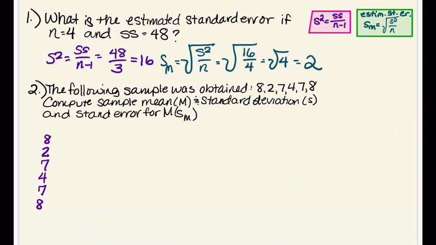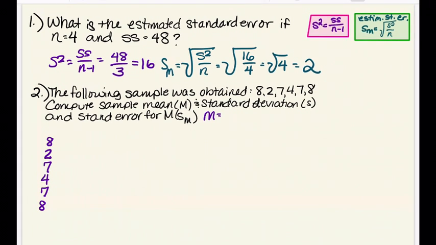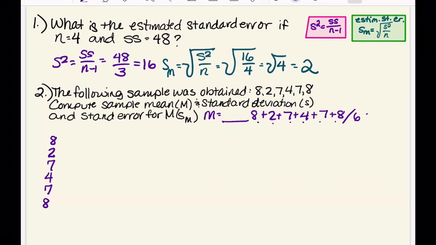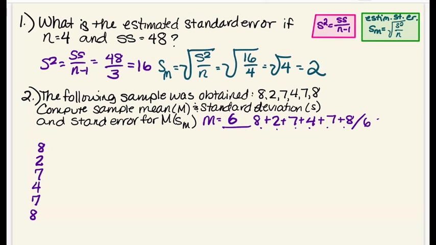In order to find the mean, we're going to add up all of our scores and divide by the number of scores that we have. So in this case, it'll be 8 plus 2 plus 7 plus 4 plus 7 plus 8 divided by 1, 2, 3, 4, 5, 6. And our mean is 6.